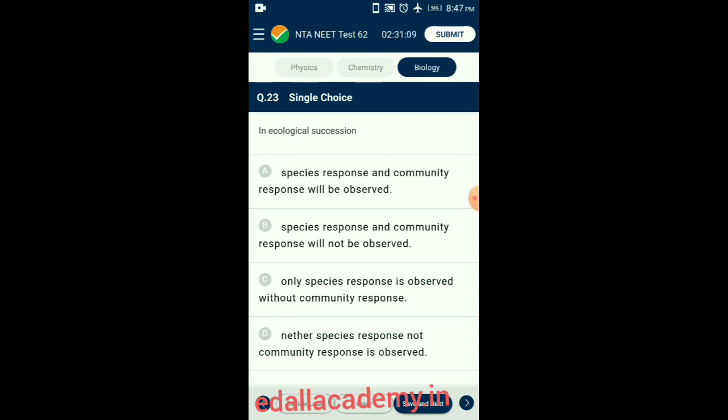During ecological succession, a series of progressive changes in the species that make up a community is observed. This change is orderly and sequential, parallel with changes in the physical environment. These changes lead finally to a community that is in near equilibrium with the environment. So the answer is option A. Species response and community response will be observed.